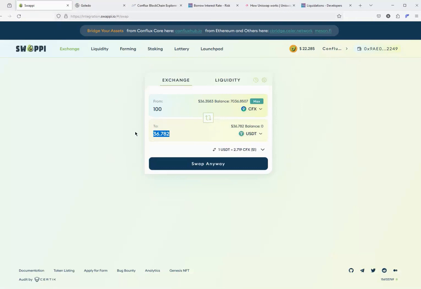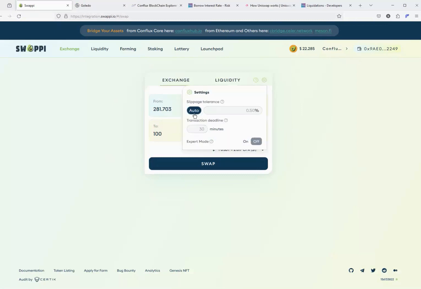But if we want to get 100 USDT, we can also get the value we need, which is the amount of CFX we should pay. So that's two features. And there is another term called slippage tolerance.